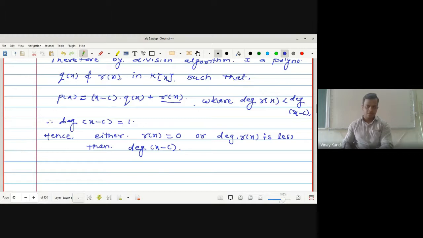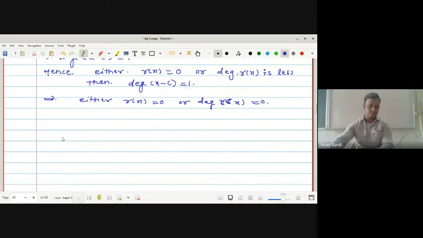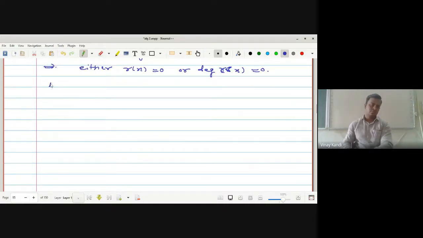So this implies either r of x is equal to 0 or the degree of r of x is less than 1, which means the degree of r of x is 0. So thus r of x is a constant polynomial.